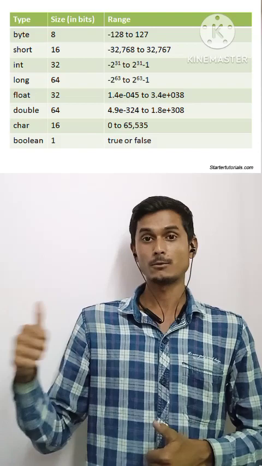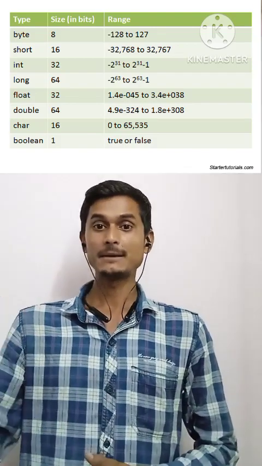The default size of a data type indicates how much range, or how many values, we can store in that data type. For example, for byte, the default size is 1 byte, and 1 byte means 8 bits.